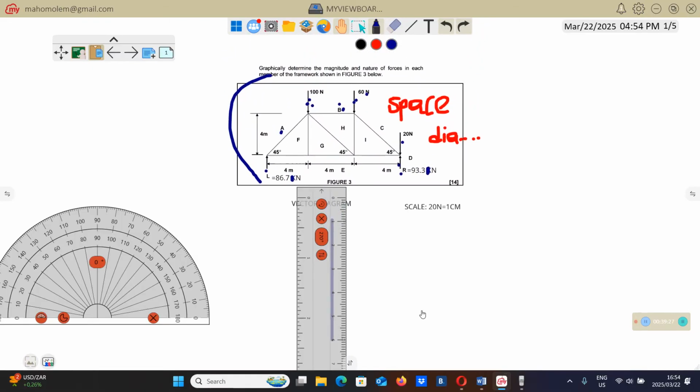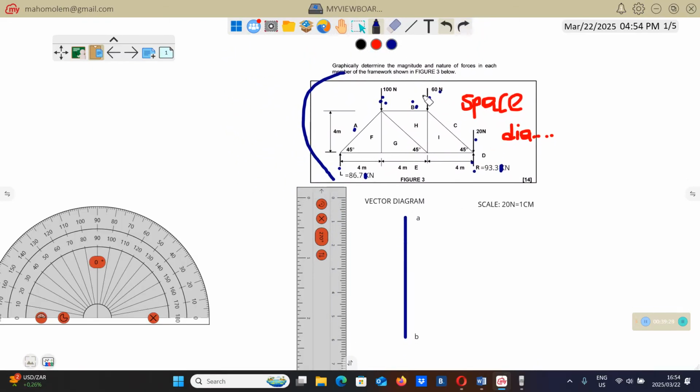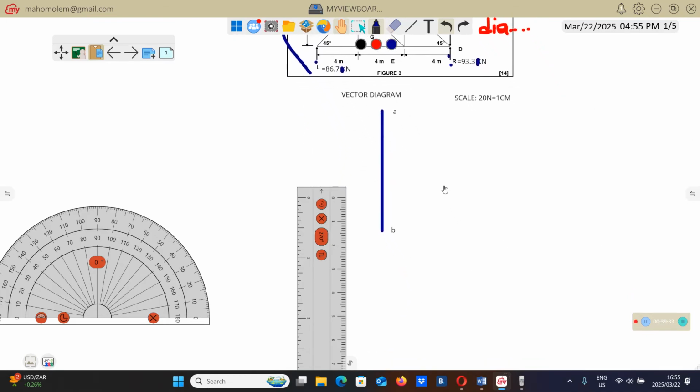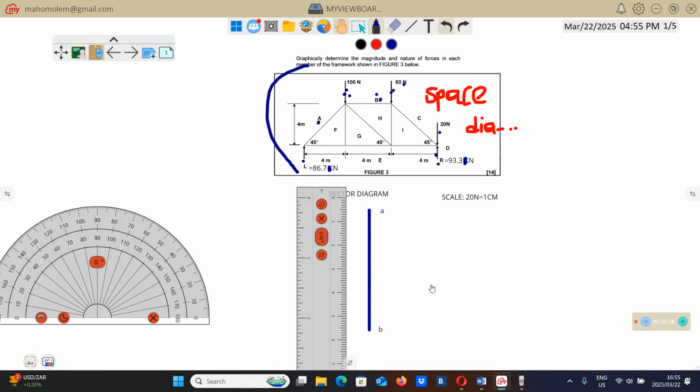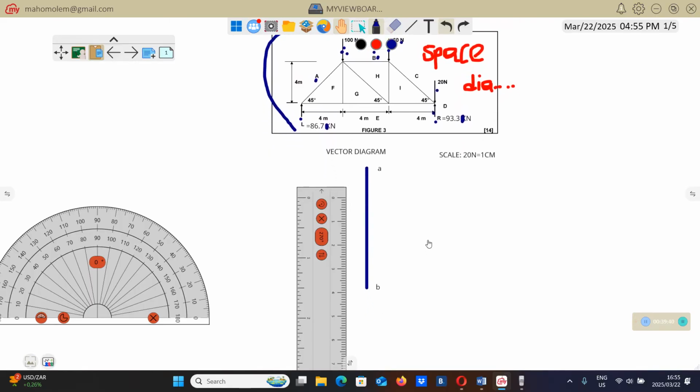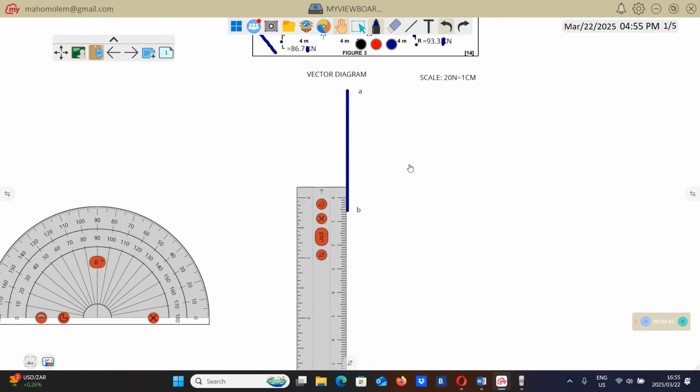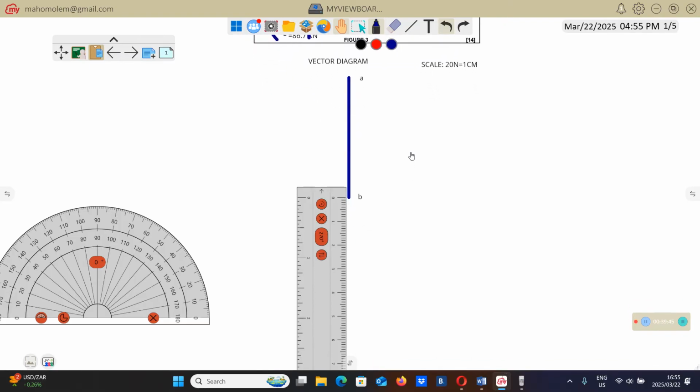So I'm going to draw a line parallel to this, and that line I'm going to make to have a length of 3 centimeters. 60 Newton equals 3 centimeters. Then you can put it here and draw another line 3 centimeters going down. It must be in line with this one.